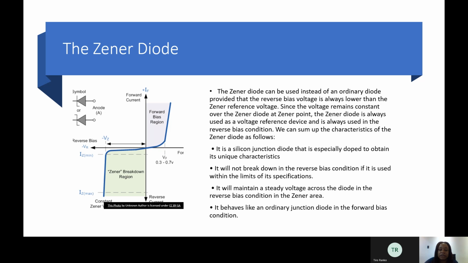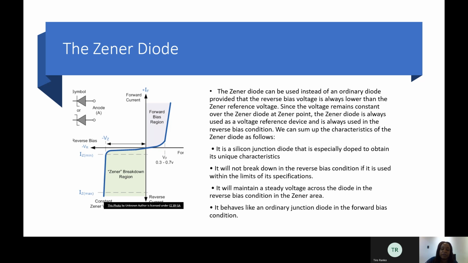It will not break down in reverse bias like the ordinary one if it is used within the limit of its specification, which is between 0 and the Zener breakdown region. It will maintain a steady voltage across the diode in the reverse bias condition, and it behaves like an ordinary junction diode in forward bias.